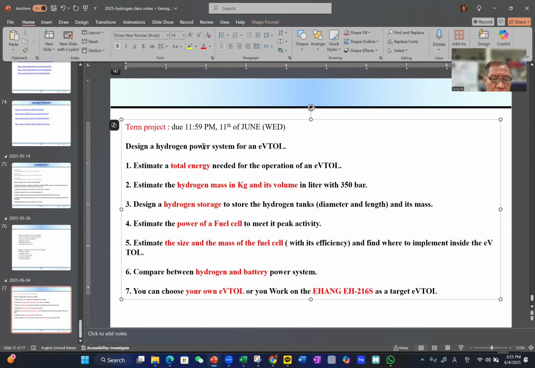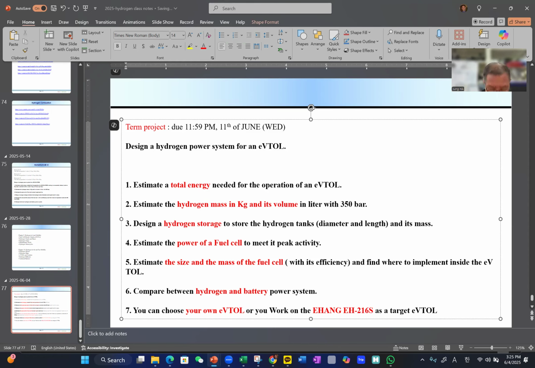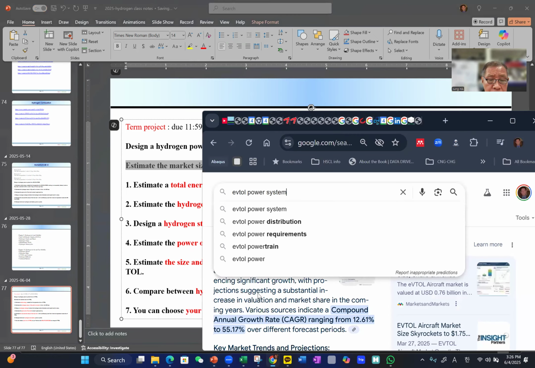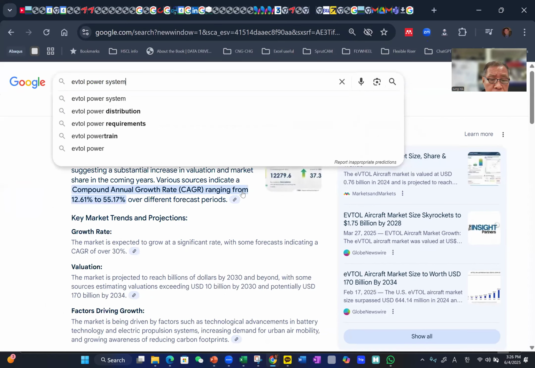I would like to start with market size, which we just went over here.